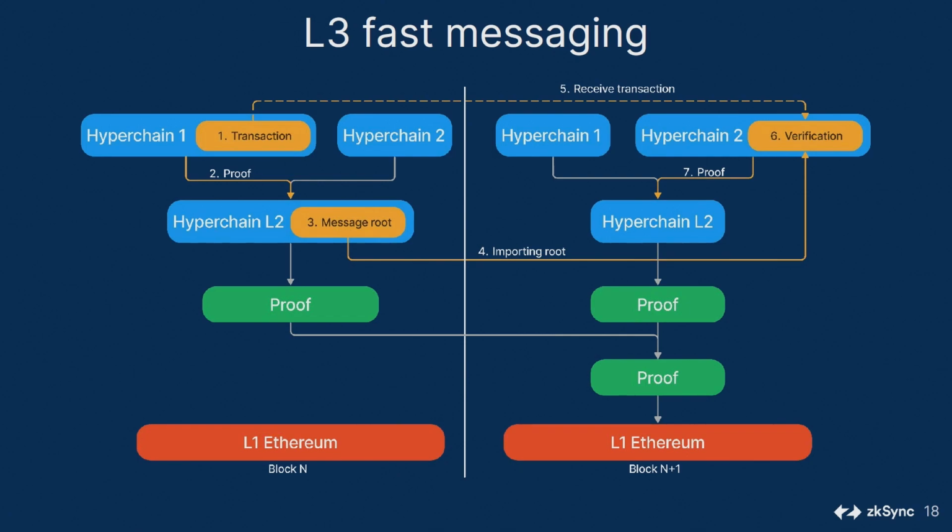And you can't import the message and the transaction before it's settled. And the layer 2's proofs for each block or each batch are aggregated together into a single proof, and this is settled together onto L1.